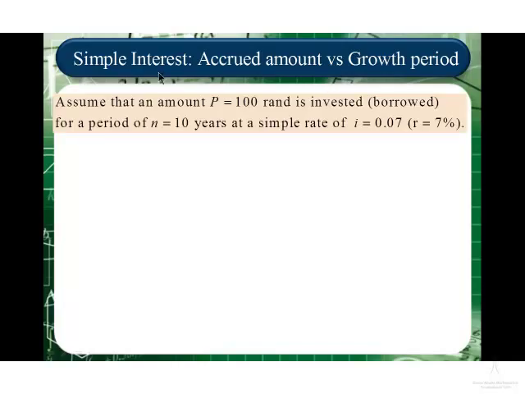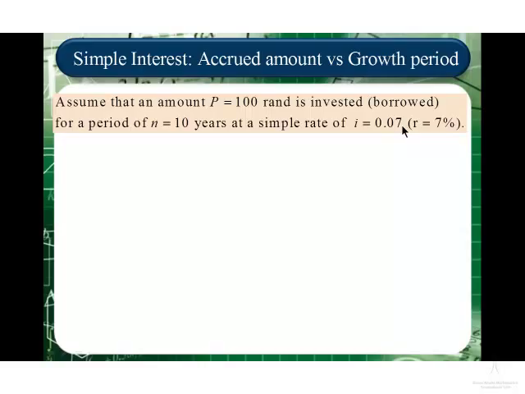Let us have a look at a specific case where simple interest applies. In this case, we would like to compare the accrued amount with the growth period for a particular type of investment. So assume that an amount of 100 Rand is invested or borrowed for a period of 10 years at a simple interest rate of I equal to 0.07.